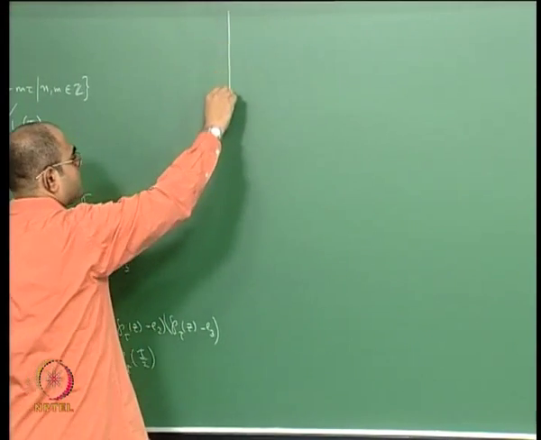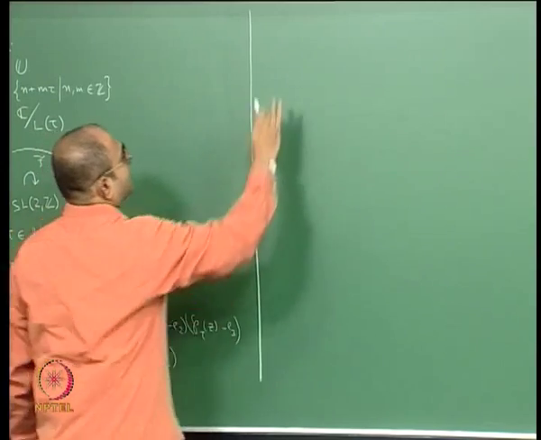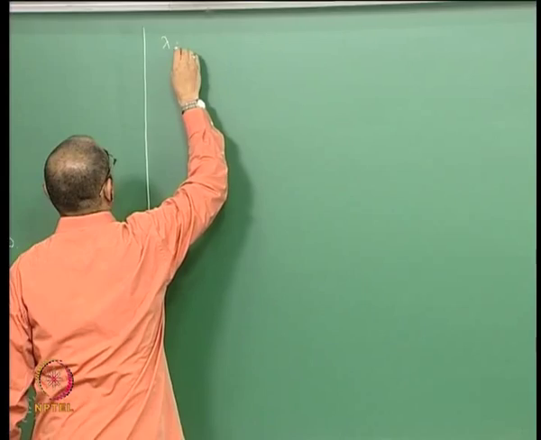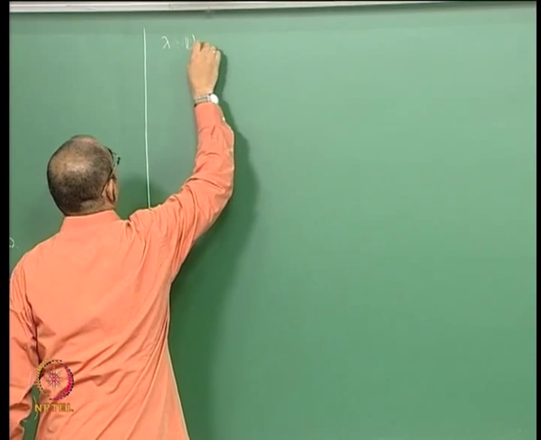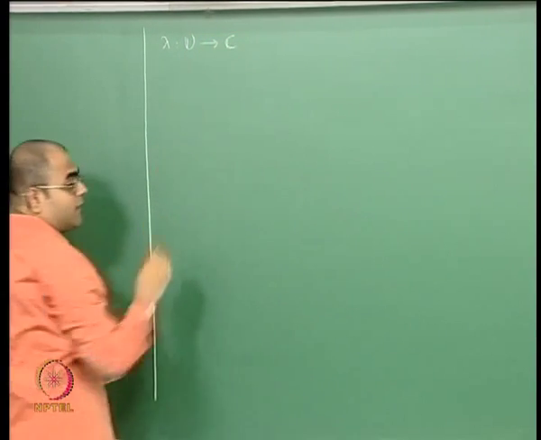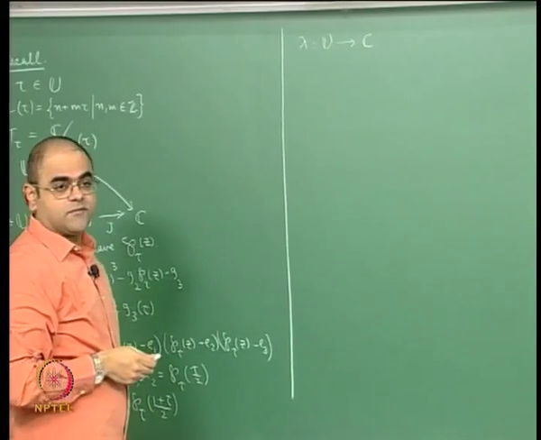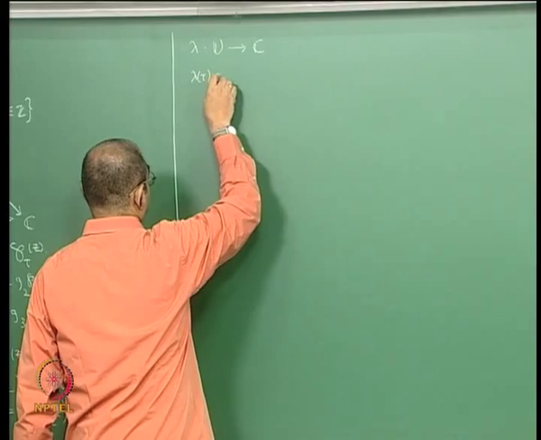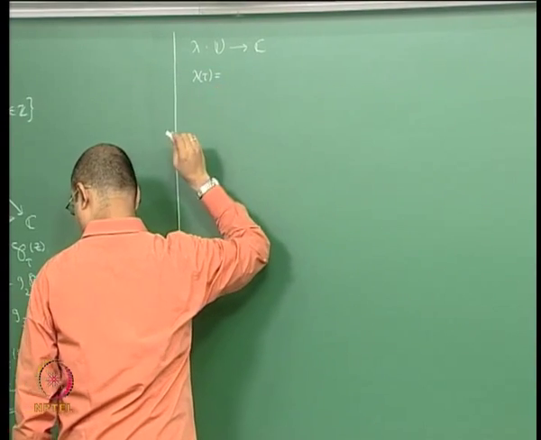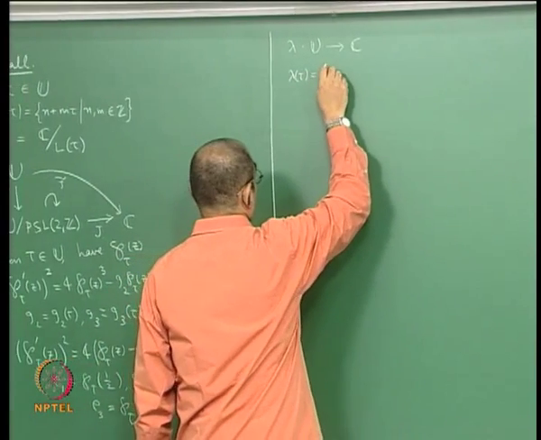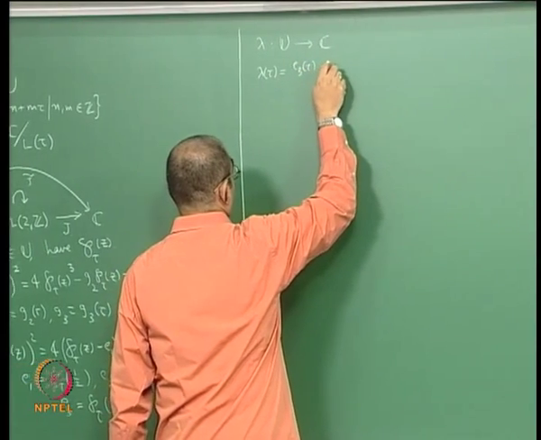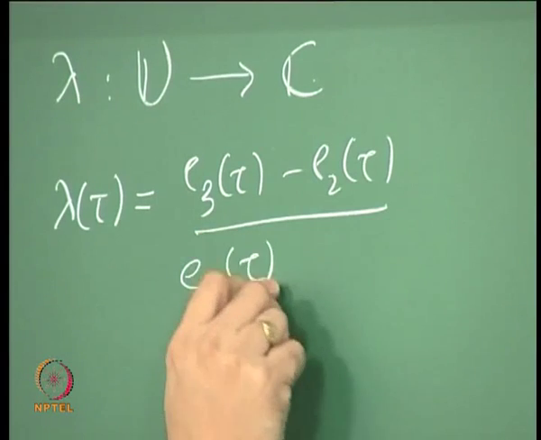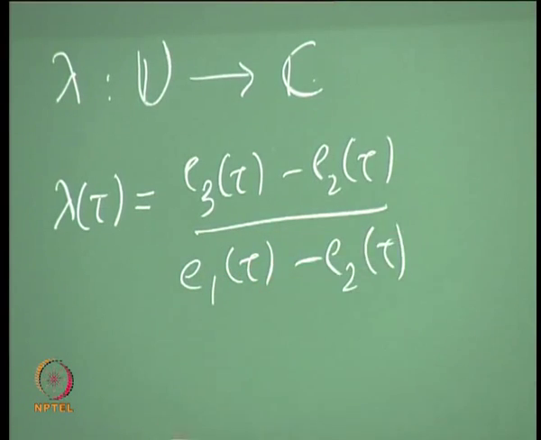and this gives rise to a function lambda. This helps us to define a function lambda on the upper half plane with values in the complex numbers. It is a holomorphic function, and the function lambda is defined by lambda of tau equal to E3 of tau minus E2 of tau by E1 of tau minus E2 of tau.